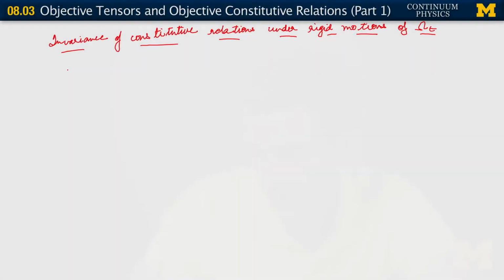Okay, so we have now the notion of objective scalars. A scalar is said to be objective if it does not transform.